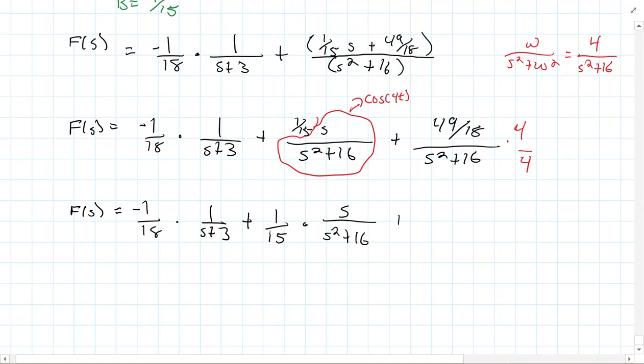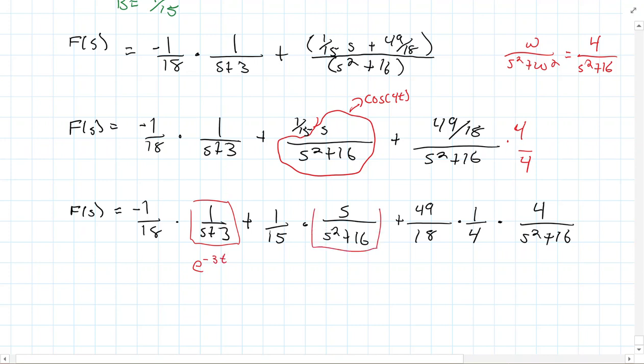And then I'll have plus, I'm going to pull that 49 over 18 out in front, and then I'd divide by that 4, so I'd have multiplying by 1 over 4, and then 4 over s squared plus 16. But then again, if we look at these here, this is e to the minus 3t. This one here is cosine of 4t. And then this one right here is sine of 4t.